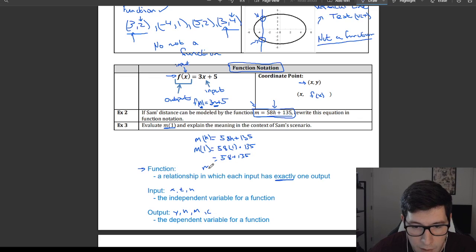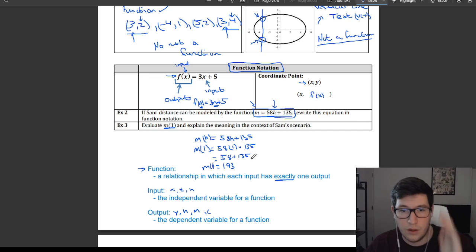And so I know that m of 1 is equal to 193. So again, this is going to be our input. Remember that our input has to match on both sides. And then from there, we simply just calculate this out.